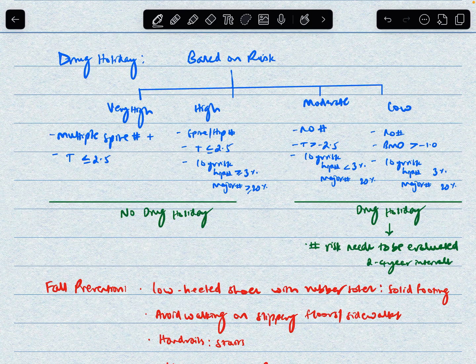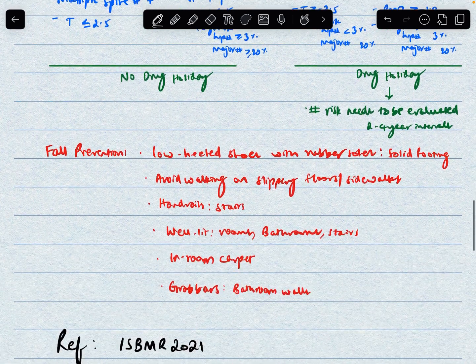Patients who have a risk of osteoporotic fractures should always be educated about fall prevention. That could include advice about footwear, like low heeled shoes with rubber soles, avoiding walking on slippery floors, having and utilizing handrails while ascending and descending the stairs, and keeping the rooms, bathrooms, and stairs well lit.